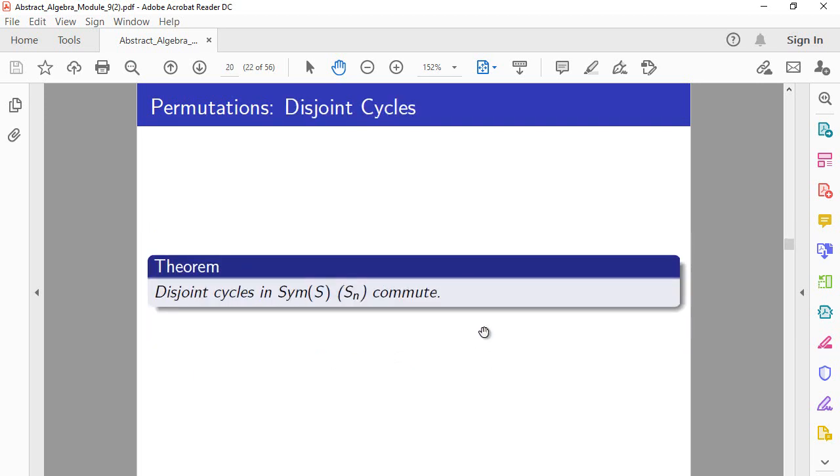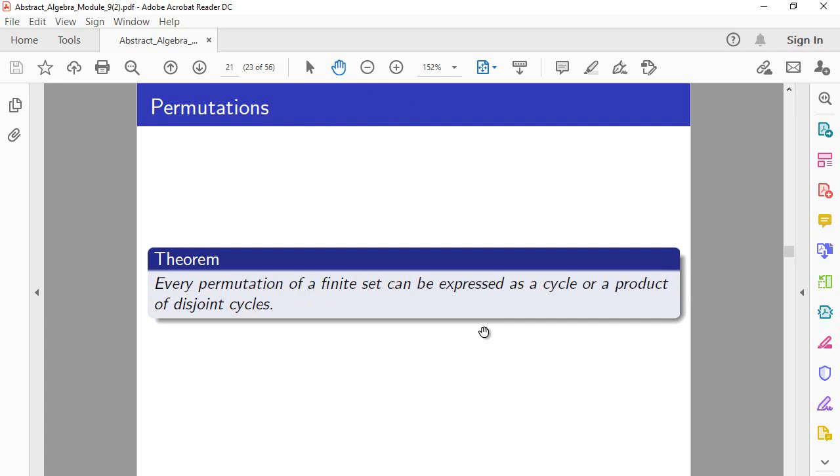So disjoint cycles commute. Every permutation of a finite set can be expressed as a cycle or a product of disjoint cycles.